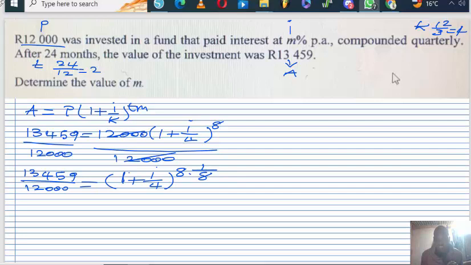So 8 times 1 is 8. 1 times 8 is 8. 8 divided by 8 is 1. So that's how you eliminate it. And what you do on the left, you must also do on the right. That's how maths works. You can manipulate anything so long as you do it on both sides of the equation.